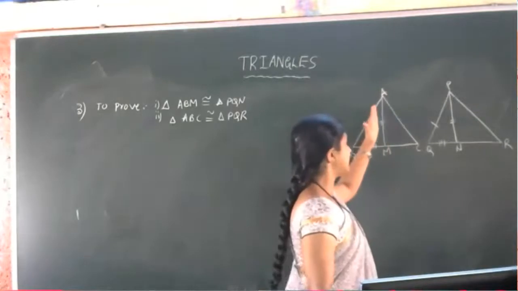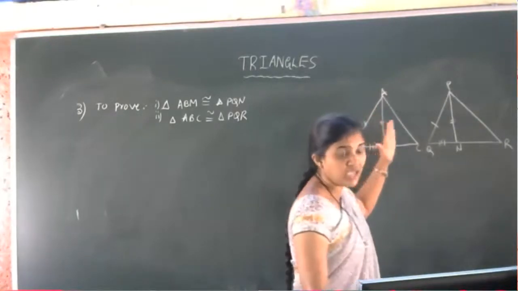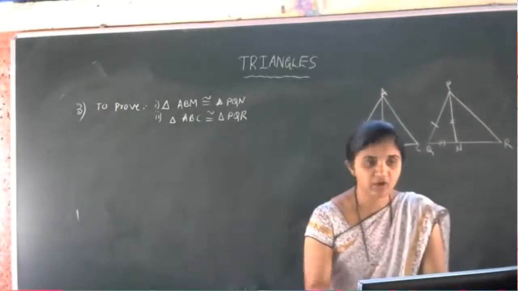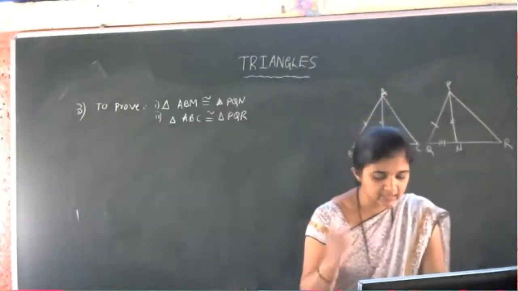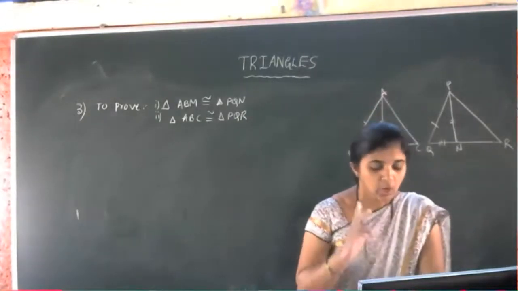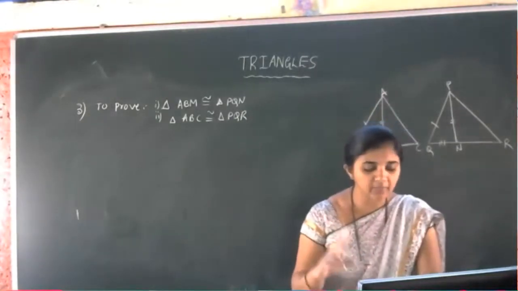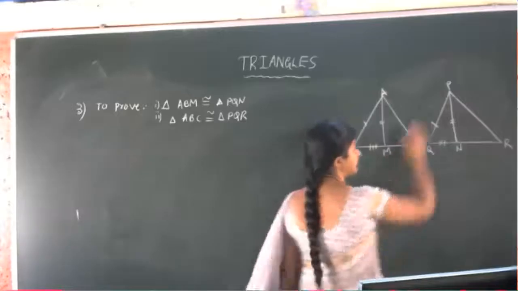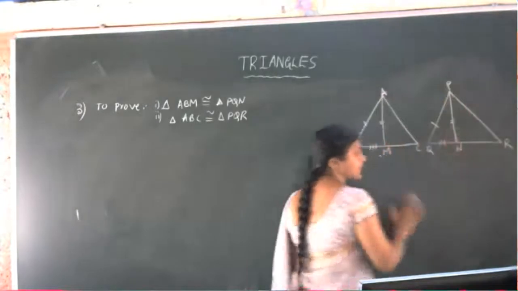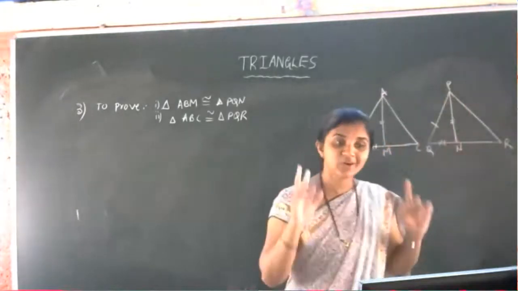This AM is the median. Median AM of one triangle are respectively equal to PQ, QR and median PN of the other triangle. So what is the given data?